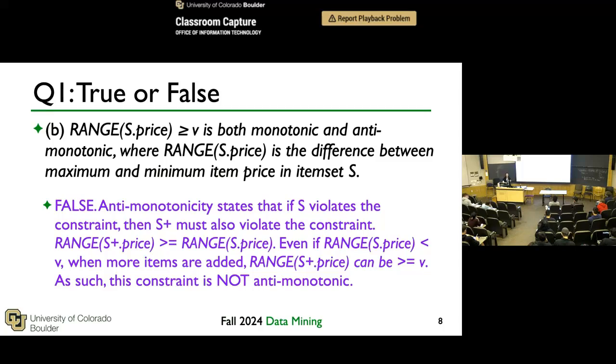Question: can you explain what convertible is? Yes. We didn't ask this one, but we just had the question about convertible. The idea about convertible is based on whether, if you control the ordering of your items, you can make a constraint.